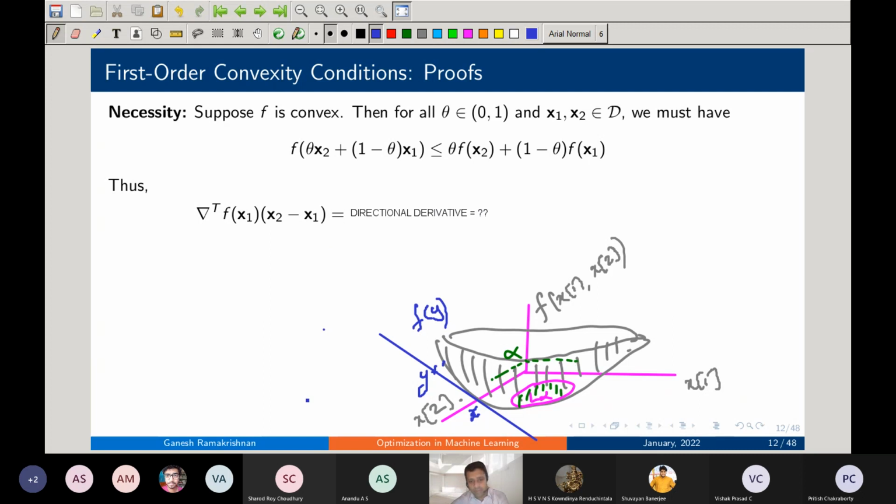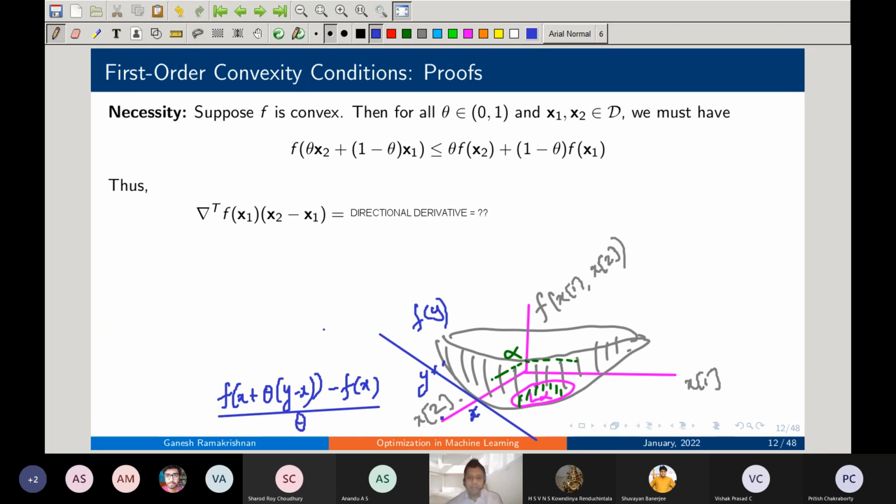So what we are looking at is this direction: f of x plus theta times y minus x, replacing x with x1 and y with x2, minus f of x, this whole thing divided by theta.